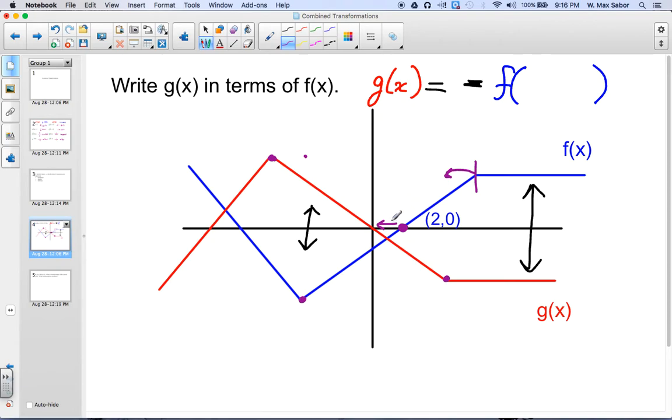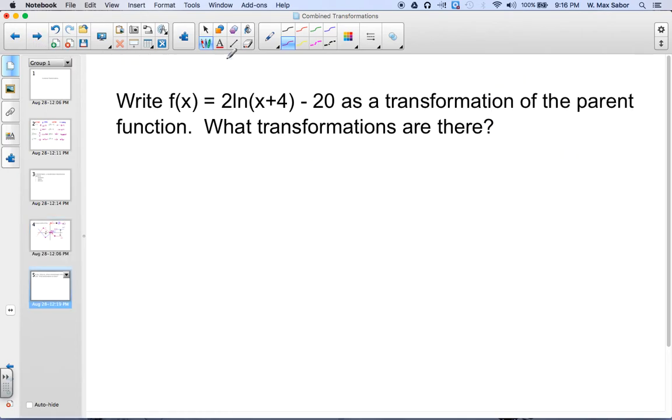So that means that we're shifting left. How far are we shifting left? We're going from 2 comma 0 over to this point, which we know is 0 comma 0. So the shift is left by 2 units. And how do we shift left 2 units? We add inside. So that is how we write g of x in terms of f of x.